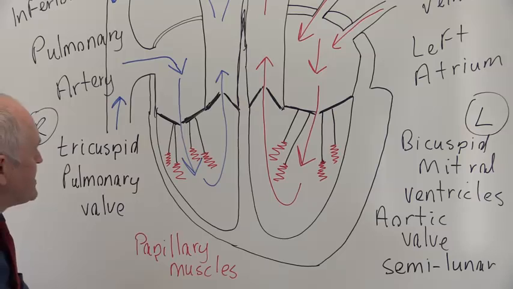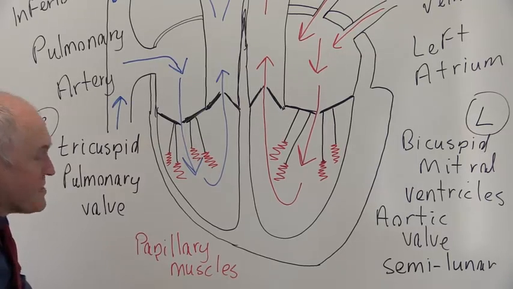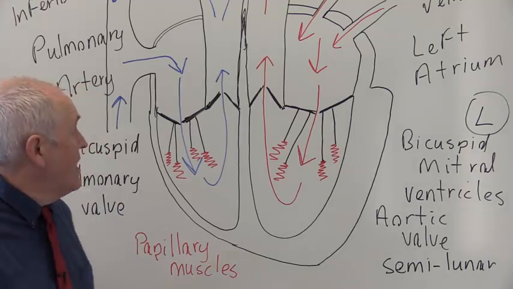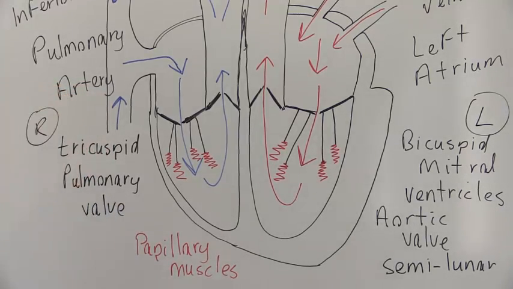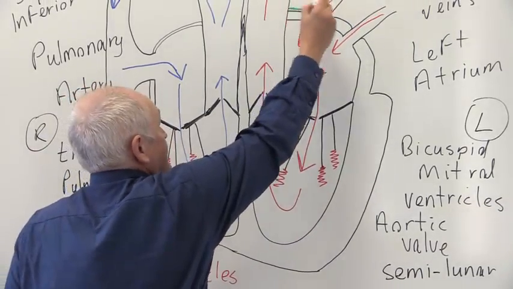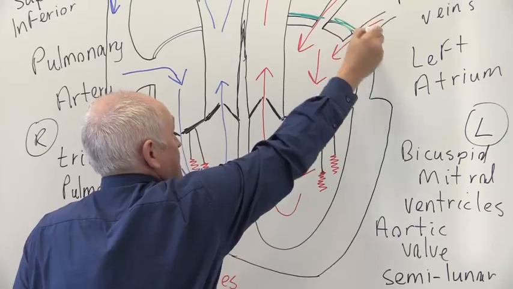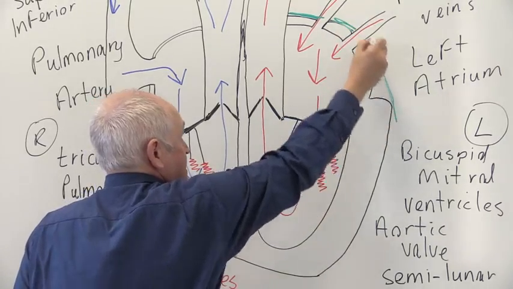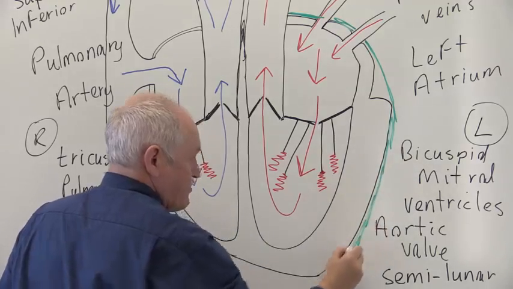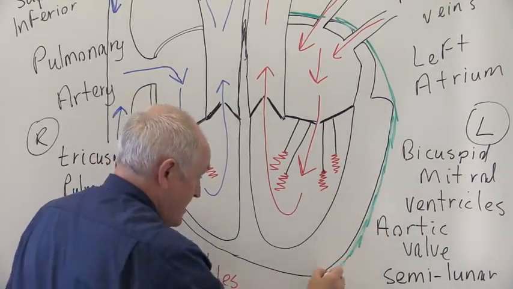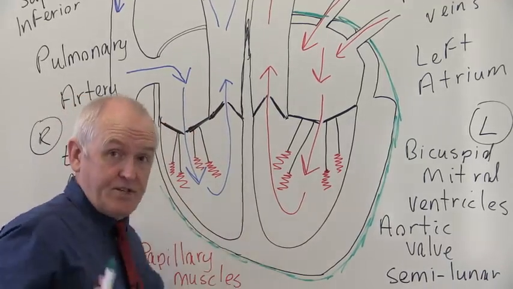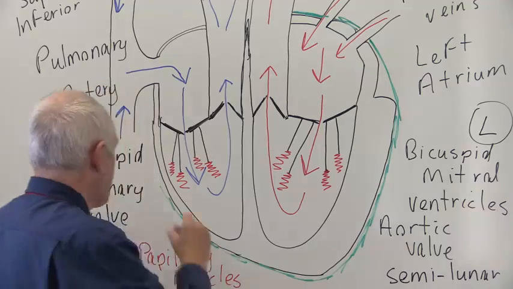So we've looked at the chambers, we've looked at the vessels, we've looked at the valves. The other thing we need to learn when we're starting to learn about the heart are the layers of the heart. Round about the outside of the heart, surrounding all of it, there is a fibrous sac. This fibrous sac is very important because it provides physical protection to the heart, in addition to the ribs, the vertebrae and the sternum.